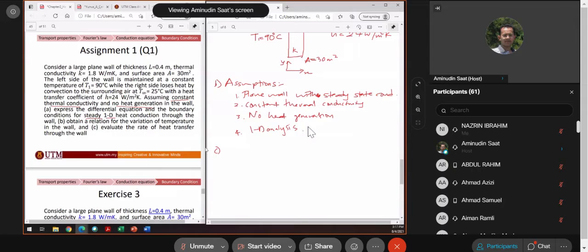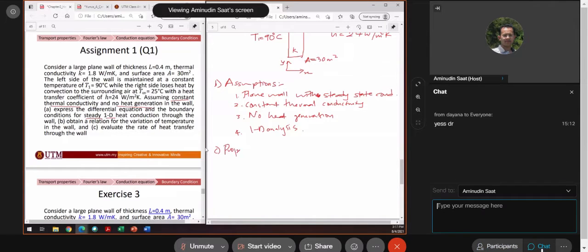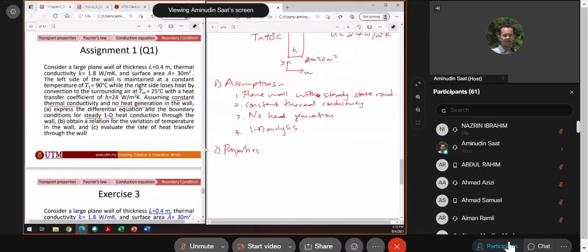Okay, next one, the properties. So what are the properties given? K of the plane wall equals 1.8 watt per meter Kelvin.